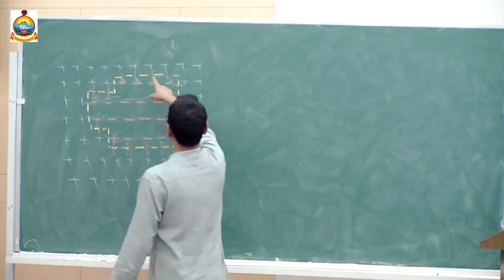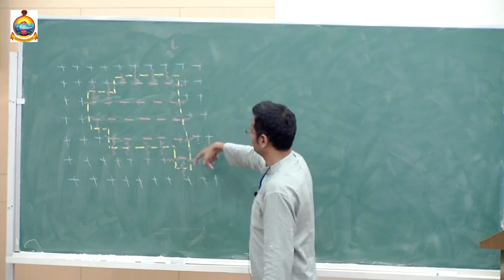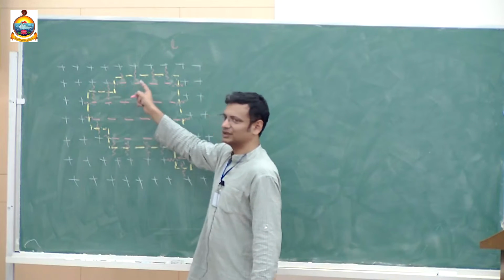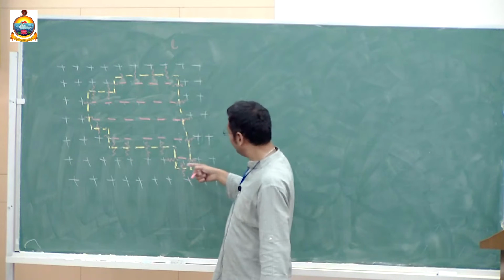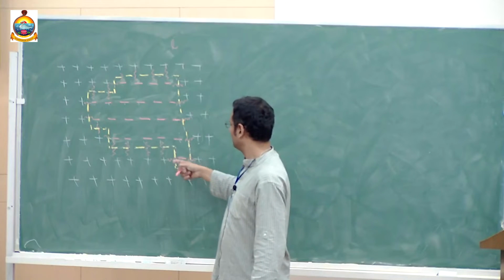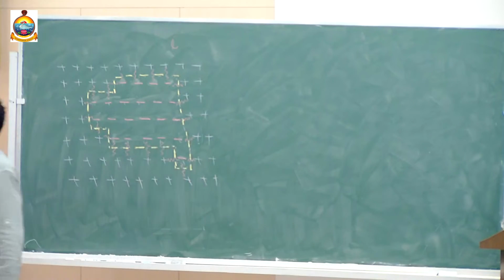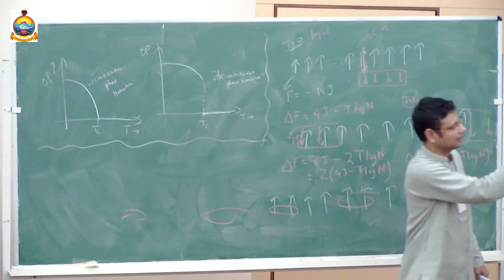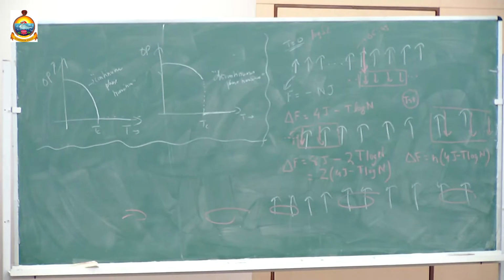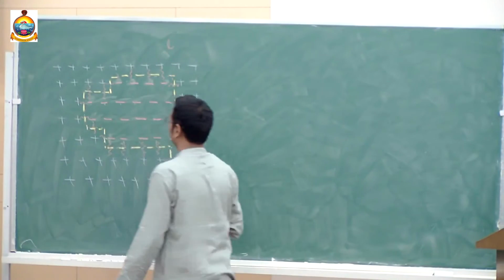So these bonds on the boundaries are the ones which give you the extra energy cost. So clearly the energy cost is now proportional to the perimeter of this region. Here the energy cost was just proportional to the endpoints, but here the energy cost is proportional to the perimeter. So let's say the perimeter is small l.